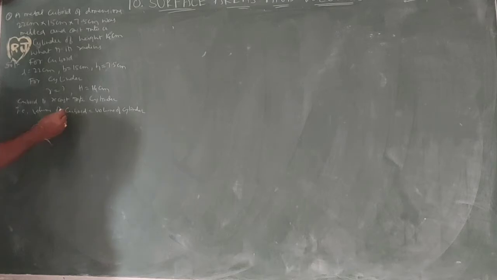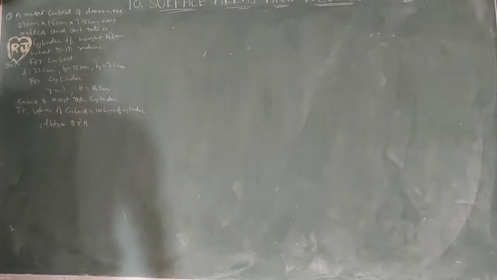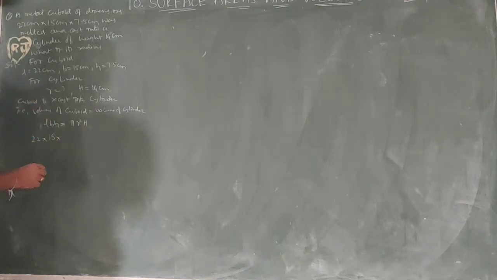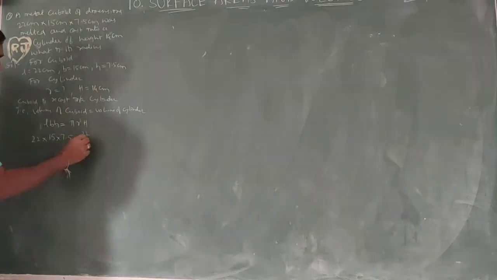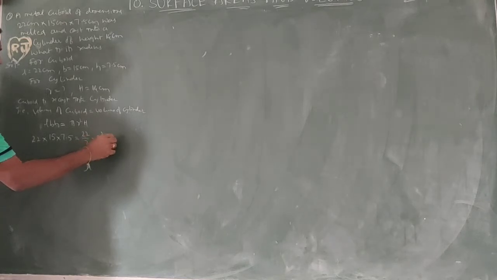What is the volume of cuboid? LBH equal to pi r square capital H. L equal to 22, B equal to 15, H equal to 7.5, pi 22 by 7, R value we don't know, H value 14.